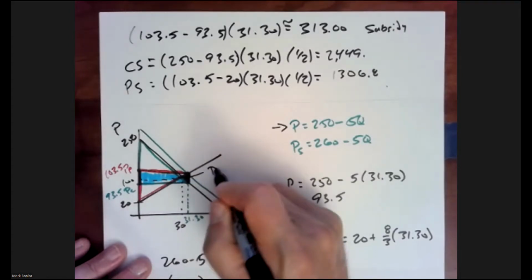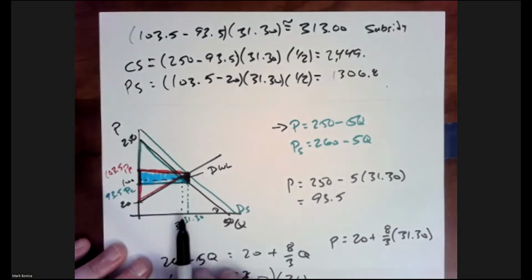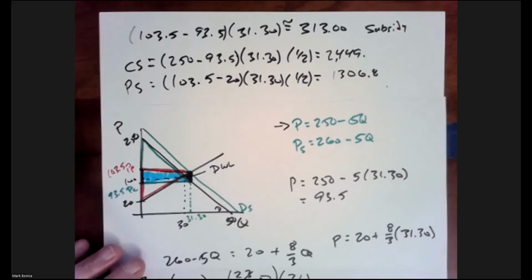This is deadweight loss also because we have more trades going on than the market would naturally have. And we'll talk about, so why subsidize? Well, because the government thinks we should do more of this. Okay. And so that's why we subsidize.